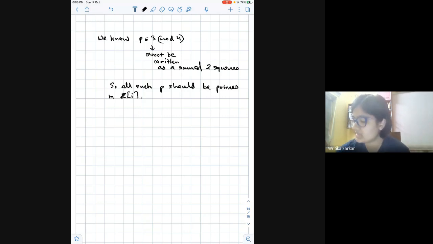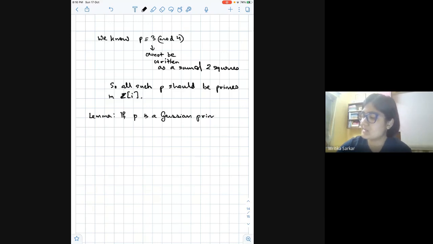Now let's just see one lemma about Gaussian integers first. If p is a Gaussian prime, and you have p divides alpha times beta, then either p divides alpha or p divides beta.